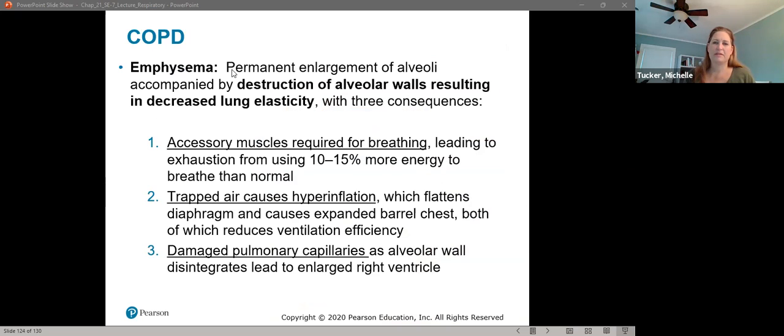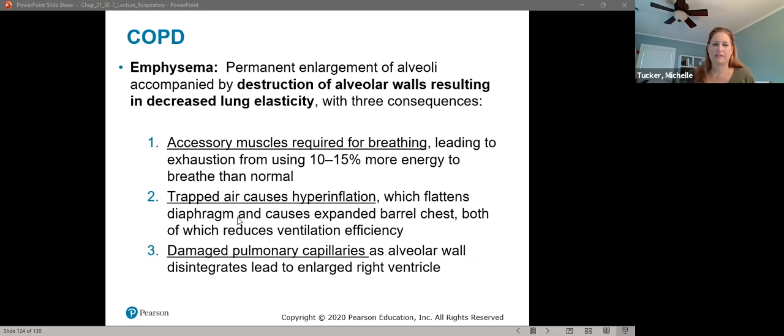With emphysema, there is destruction of the alveolar walls, resulting in trapping of air and decreased area for gas exchange, and then this decrease in lung elasticity. They tend to lose a lot of weight because they're using a lot more energy for muscles for breathing.